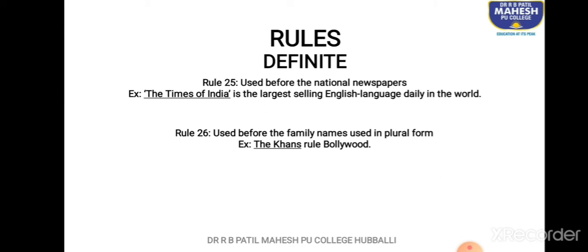Next up, it is used before the family names used in plural form. The family names like Patils, Sharmas, Kakkars, etc. So the example goes as this: the Khans rule Bollywood.